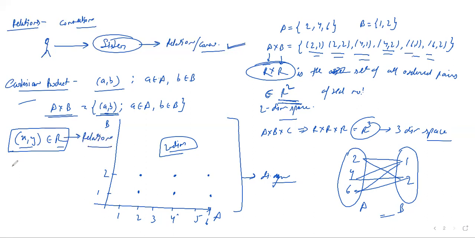It means that x stands in relation R to y. This is the meaning of this particular ordered pair. Now let's see what is the main definition of relation.